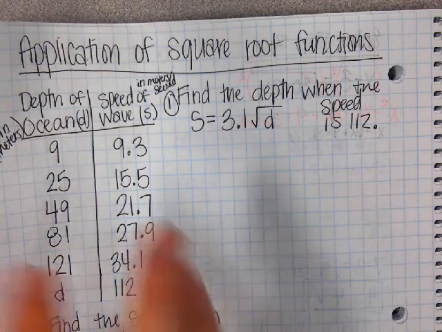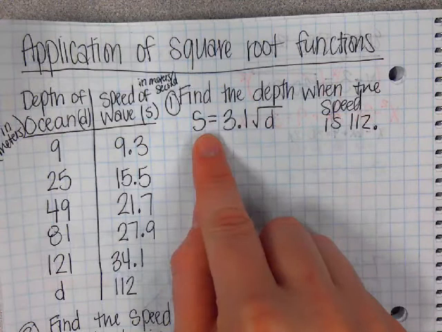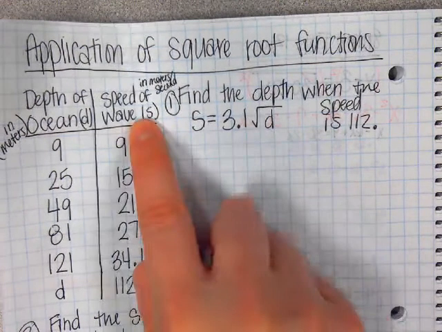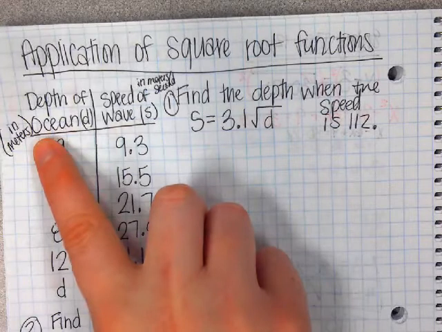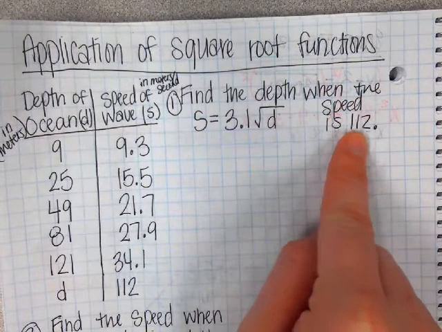It's also just a table of values. It gave us the equation S equals 3.1 times the square root of D, where S is the speed and D is the depth of the ocean. It says find the depth when the speed is 112.